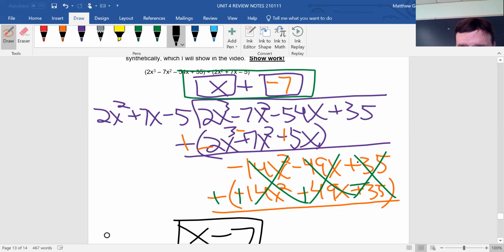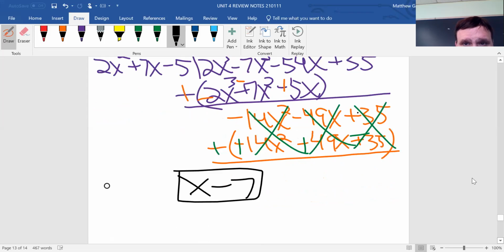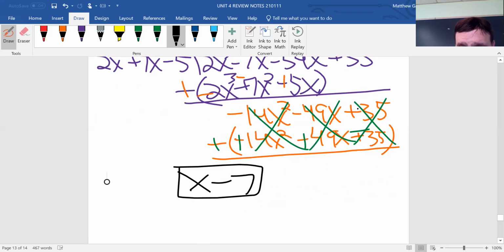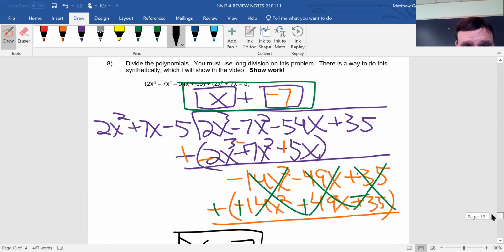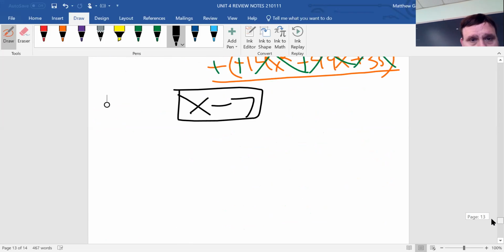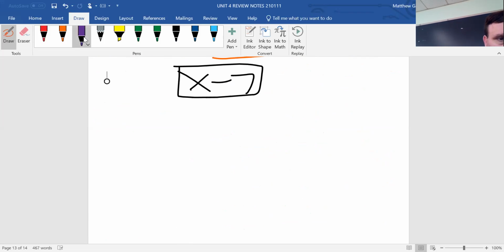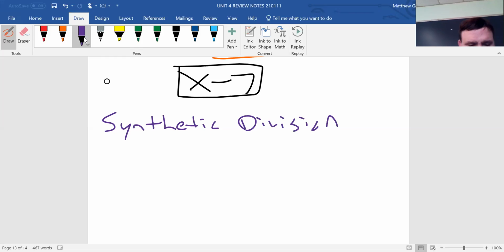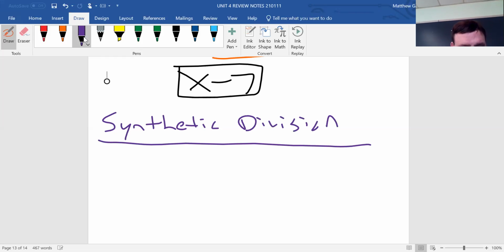Okay, but your excluded values. Now, if I took you through doing this synthetically, this is how you would do it. If you want to use synthetic division here, here's the problem.